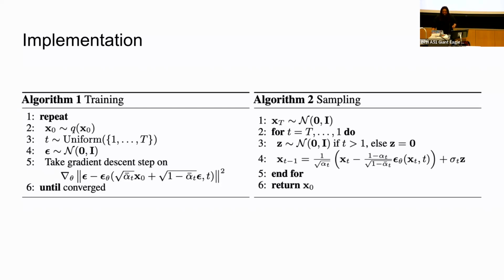What you're going to see is that in order to train it, you sample from your distribution, which would be your training images in this sense. You sample from t, which are your time steps, then sample from a noise distribution, and take a gradient step. Epsilon here is pure noise, and epsilon sub theta is your learned noise given this function.